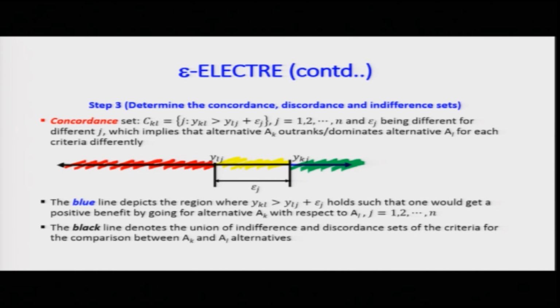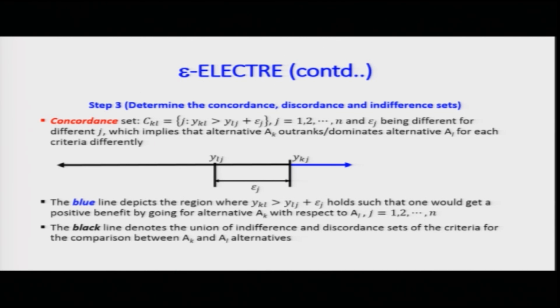So actually this should be red, yellow and green, but I am using the blue color to mention that. So, again: discordance is red, indifference is yellow, and definitely I like, concordance, is green. But I am using the blue color to give the notation that the concordance set is there.